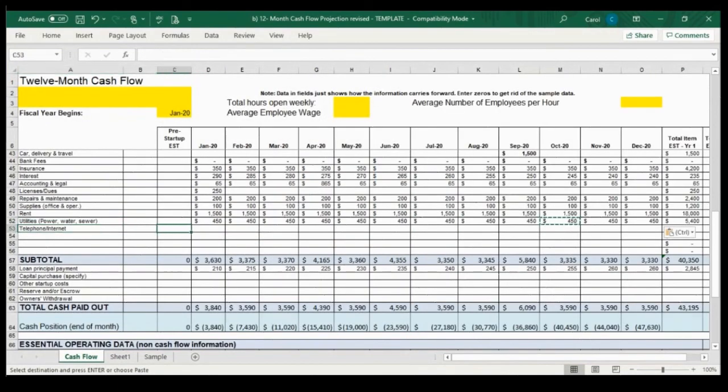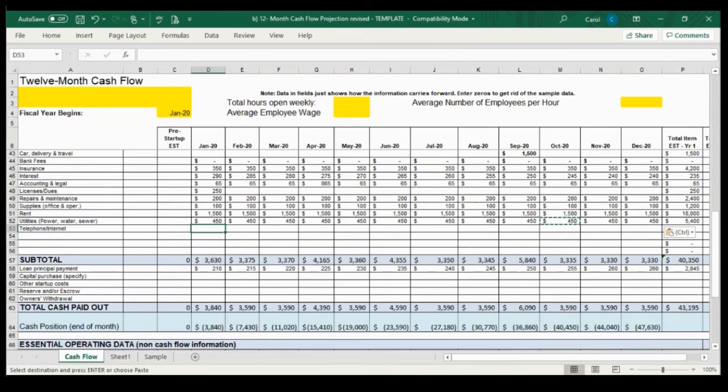Telephone and internet. Again, you may charge your personal cell phone to this because you're using it primarily for business. You may have a landline in your business. You may have internet costs associated directly with your business.